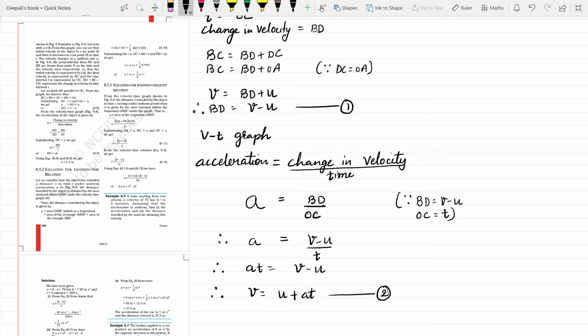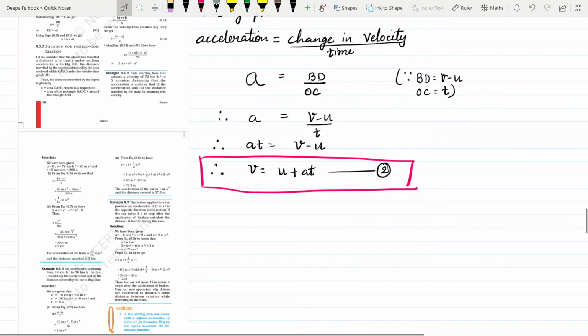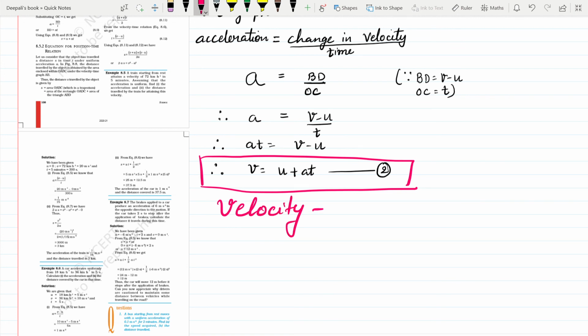When we solve this equation algebraically, we get at is equal to v minus u. Therefore, v is equal to u plus at. So, this is the relation between velocity and time. This is the first equation of motion.